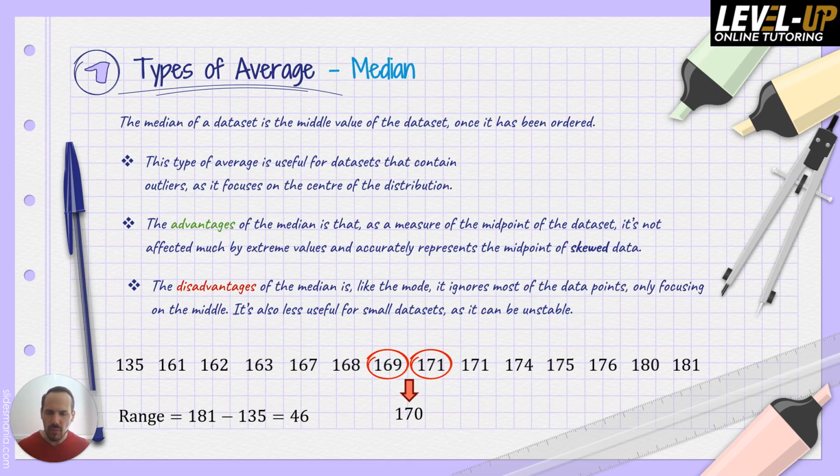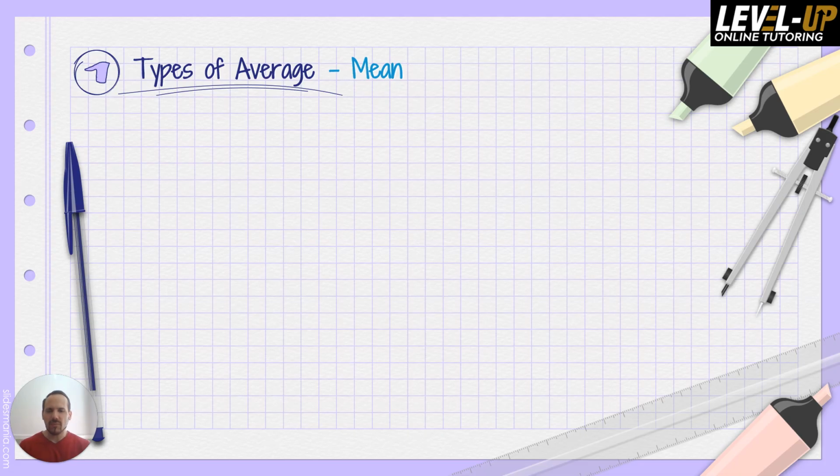Let's look at mean now, which is the type of average that we tend to use most frequently, the one you'll get asked about the most, because it does tend to be the most useful average. But typically we will calculate multiple averages, because each one gives us different information about the data set. So here's the mean.